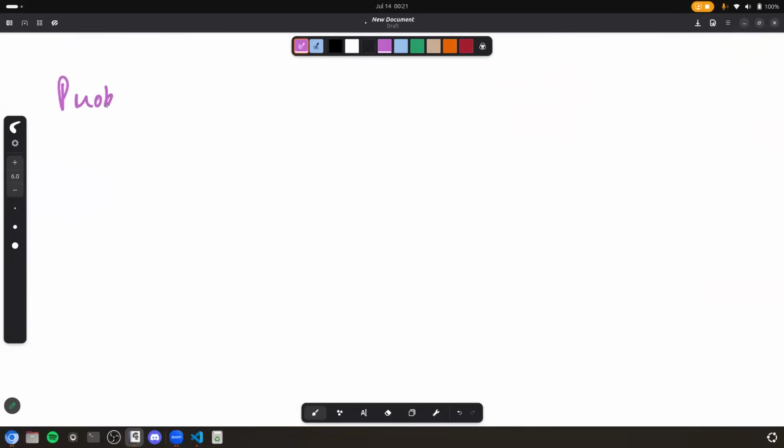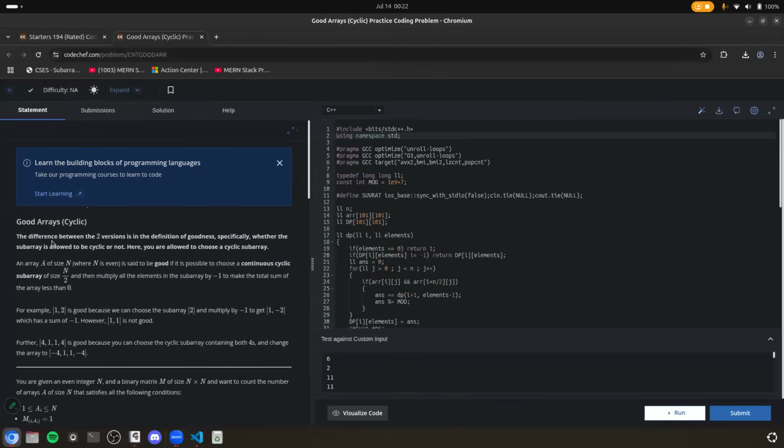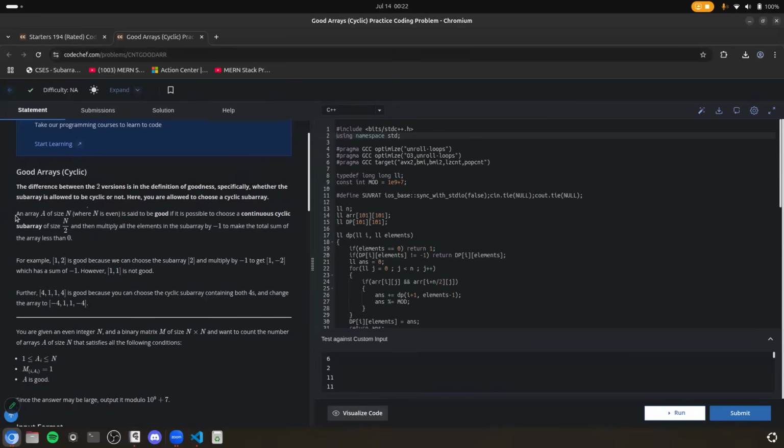Problem D. So the difference between the two versions is the definition of good. Okay, let's leave that. An array A of size n, where n is even, is said to be good if it is possible to choose a continuous cyclic subarray of size n by 2, and then multiply all the elements in this subarray by -1 to make the total sum of the array less than 0.